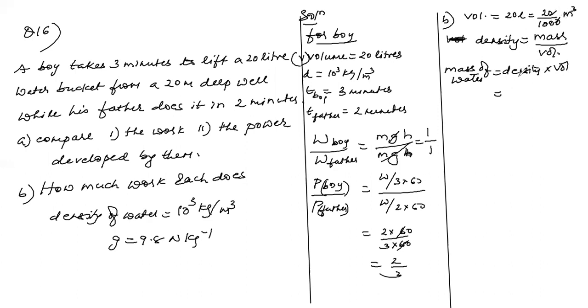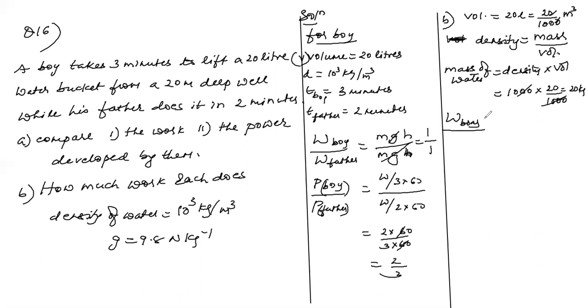So the mass of the water equals density 1000 into 20 upon 1000. So ultimately it becomes 20 kg. That is the mass of the water.